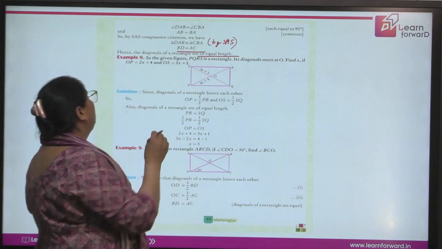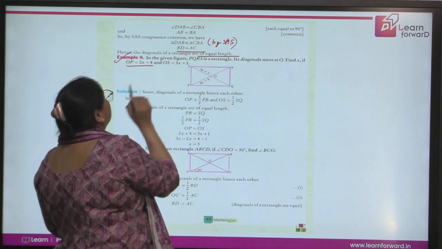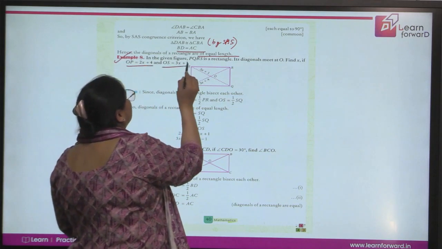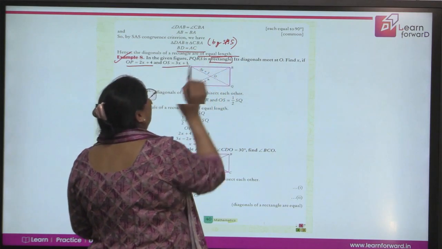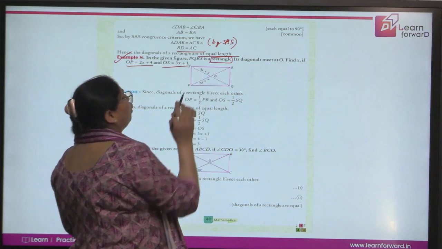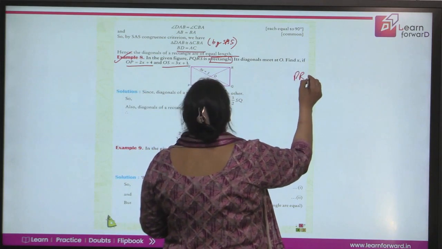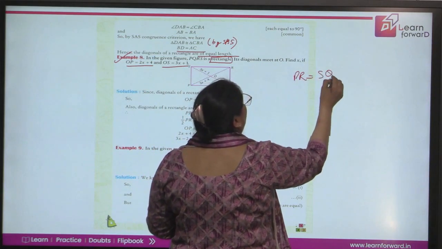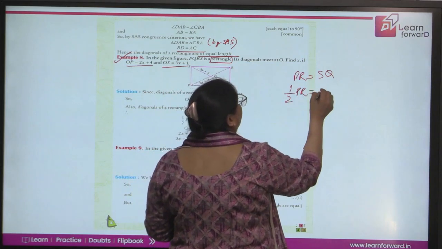Now, here is an example for you. OP is 2x plus 4 and OS is 3x plus 1. This is a rectangle, and as we have seen, diagonals of a rectangle are of equal length. So PR must be equal to SQ, and half of PR must be equal to half of SQ.